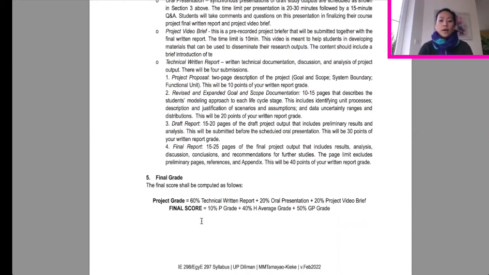Okay. You might think that this is too much. Actually, this is meant to help you pace yourselves, because if I just require one big report and have that constitute the entirety of your grade for your technical written report, based on experience, the output will not be as good.